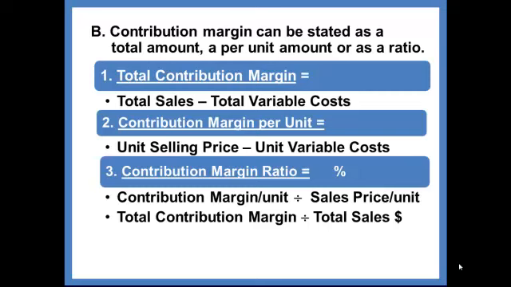Then you can calculate a ratio in one of two ways. You can do this on a per unit basis by taking contribution margin per unit divided by sales price per unit, or a total dollar basis, which is total contribution margin divided by total sales dollars.